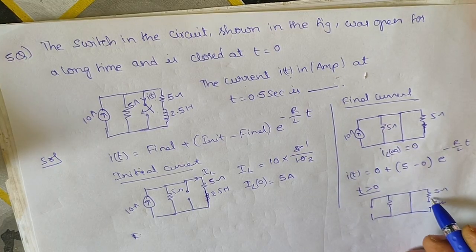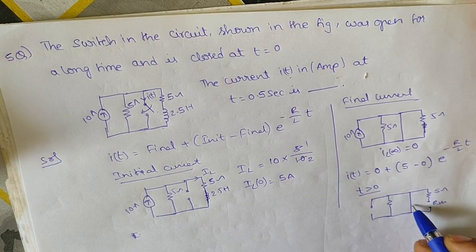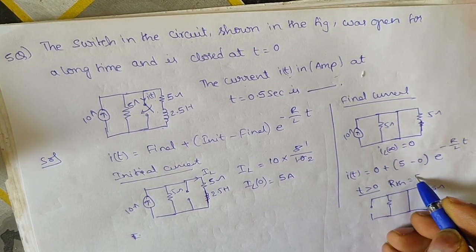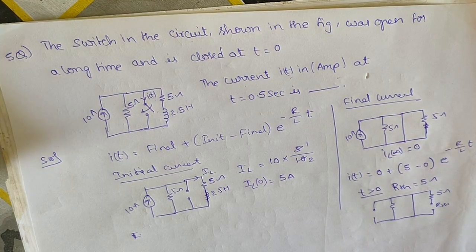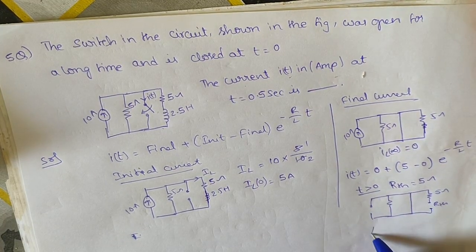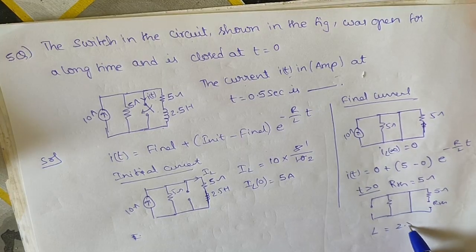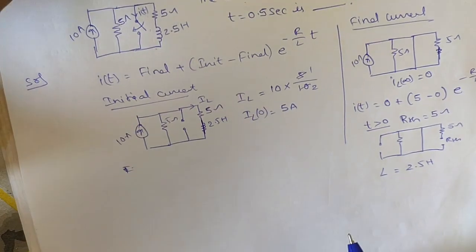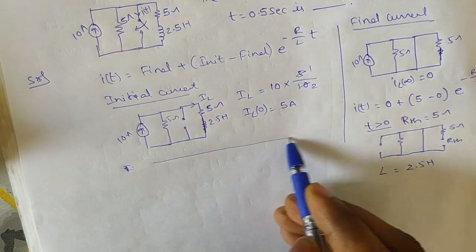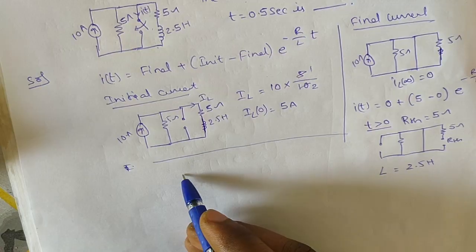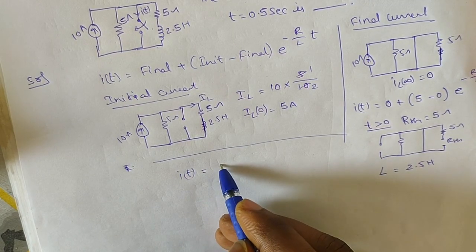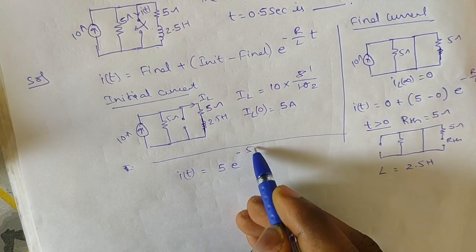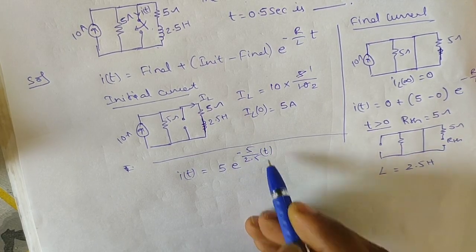If you look from this path, there is only the 5 ohm resistor and the other is a short circuit path. So RTH is 5 ohms, and L is only one inductor, so it is 2.5 Henry. We can write I of t is equal to 5 times e power minus 5 by 2.5 into t.